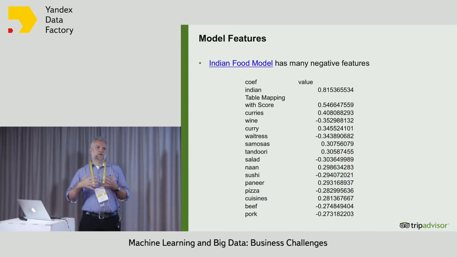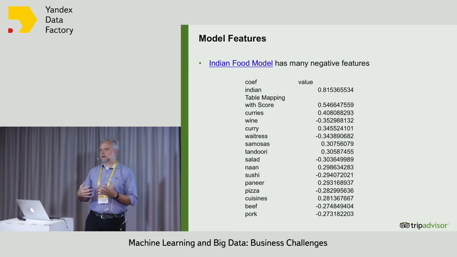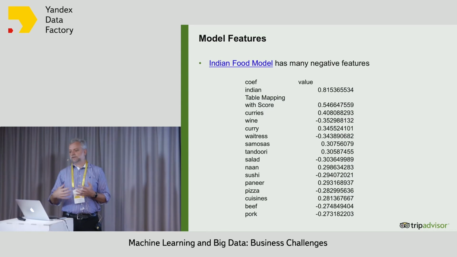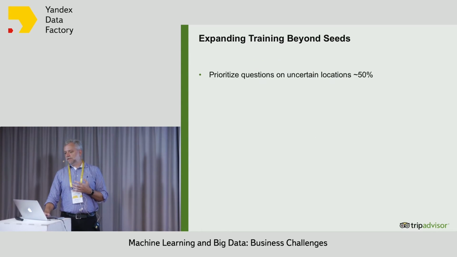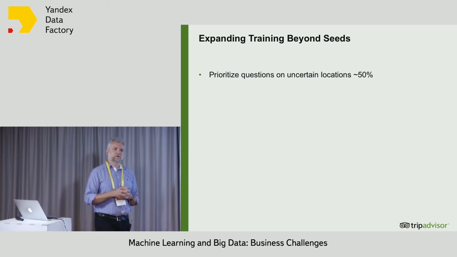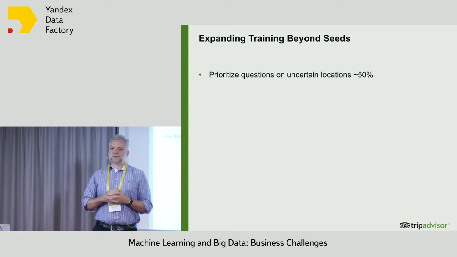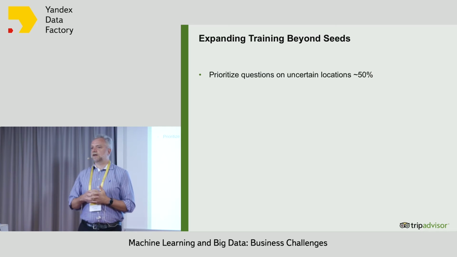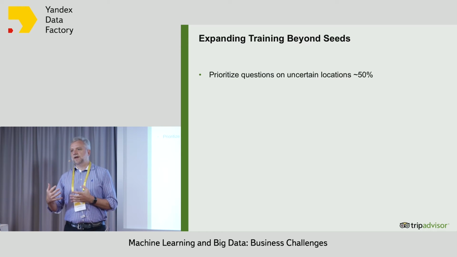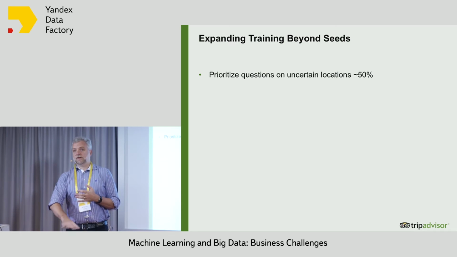So that's how we build the first model. To build subsequent rounds of these models, we simply prioritize our questions on where the model is predicting around 50%. And that's actually pretty reliable because we have this regularization term that forces most of the out-of-sample predictions to be in a very low range.